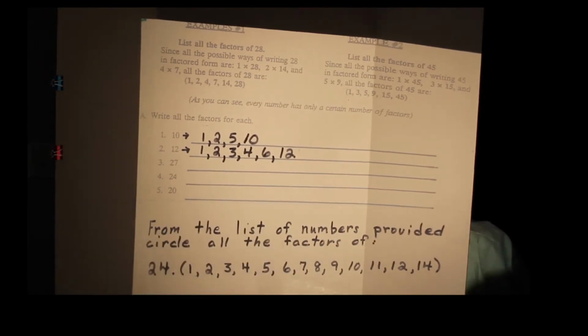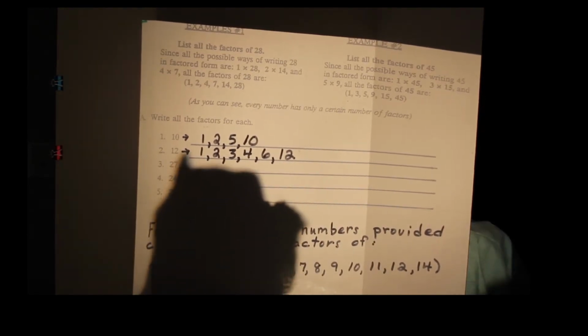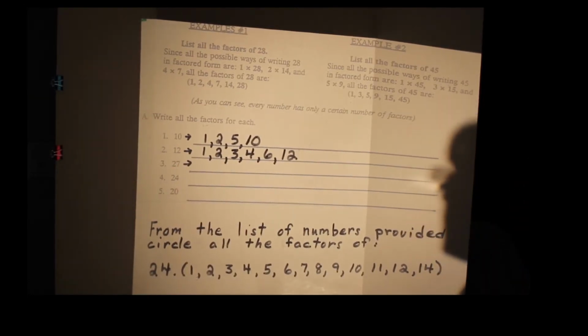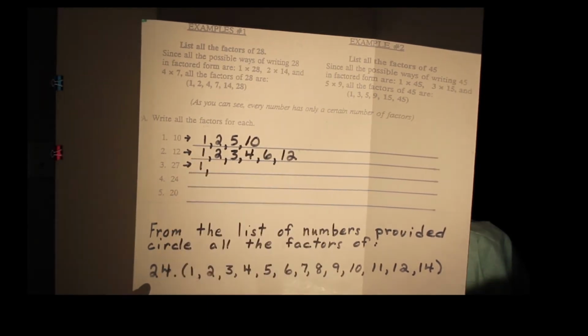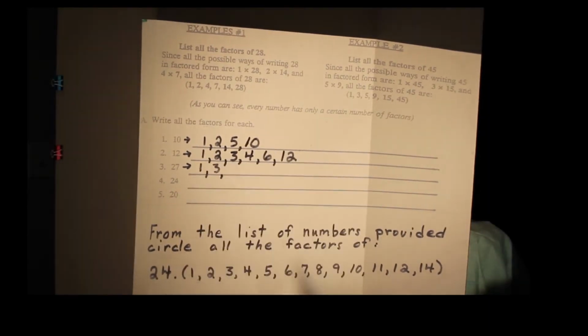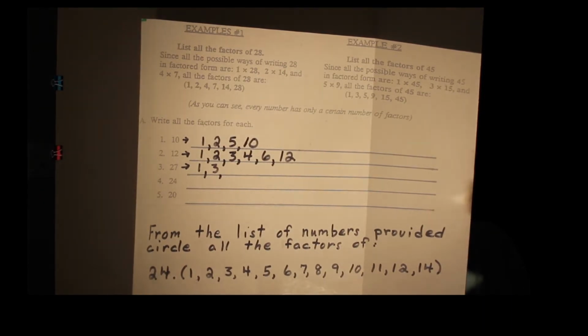27. Oops, my marker stuck here. How many factors are there of 27? We put our arrow. 1. 2 will not go into 27 evenly, so 2 is not a factor. 3 will. 4 will not go into 27 evenly, neither will 5, neither will 6, neither will 7.